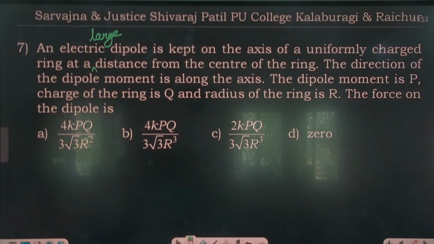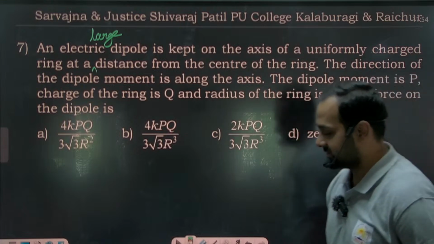The direction of the dipole moment is along the axis. The dipole moment is P. The charge on the ring is Q. And the radius of the ring is a. The force on the dipole is.